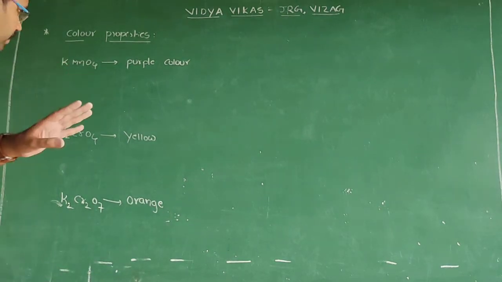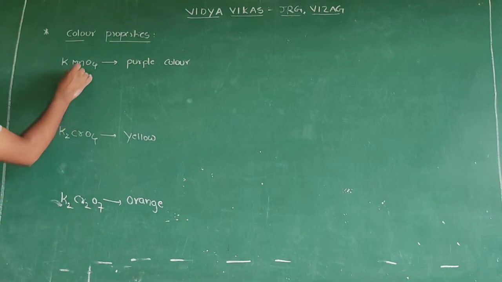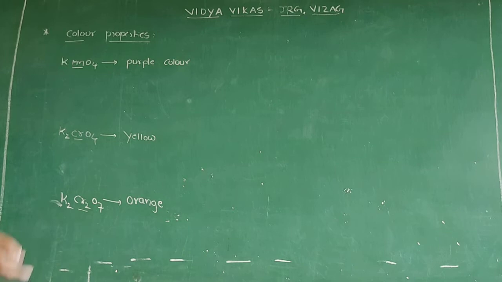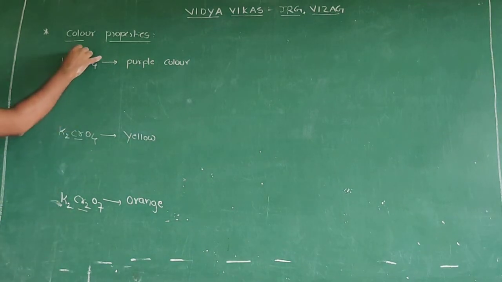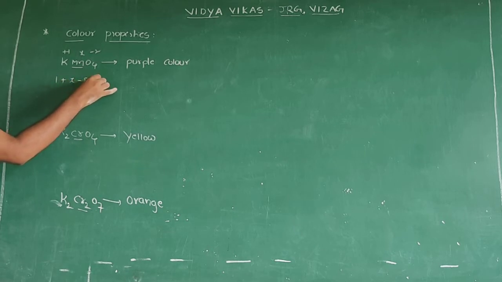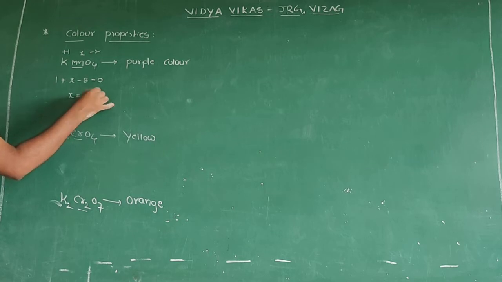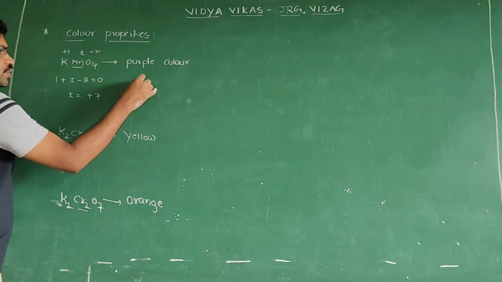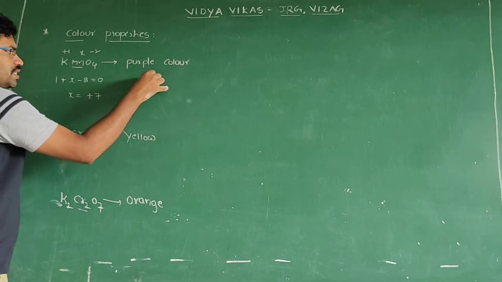But students, while we come to the oxidation state of the central metal here, we are all capable of calculating oxidation states. Say this is X, potassium already +1 and oxygen -2. Dear students, 1 plus X minus 8 is equal to 0. Then absolutely X is equal to +7. Means manganese exists in +7 oxidation state.